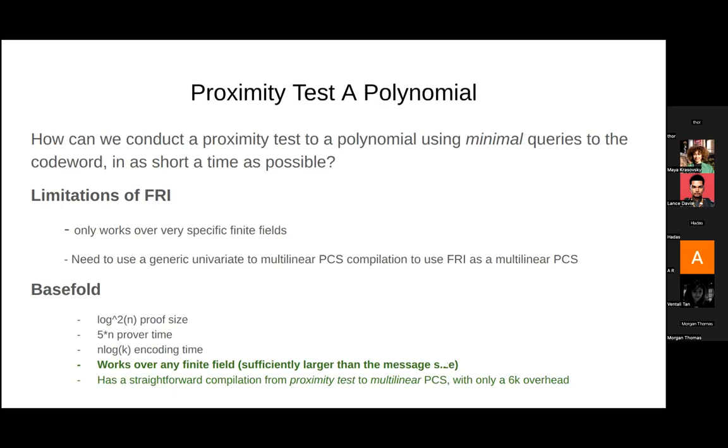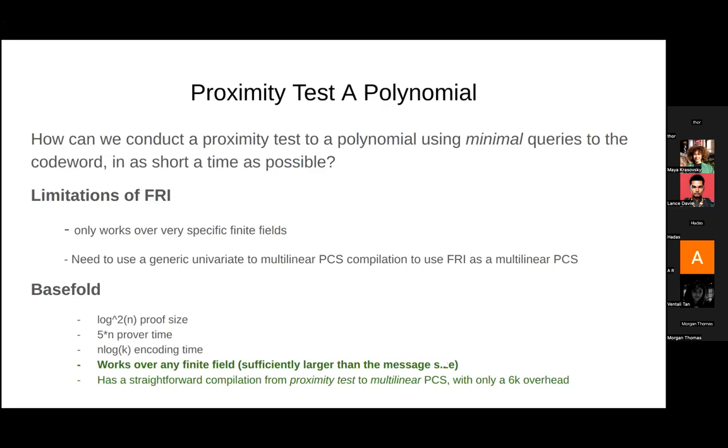I'd also like to ask if you would unpack precisely what you mean by 6K overhead. Yeah, so that's from the sum check protocol, and K is the message size here. So what I mean is that you have the Basefold IOPP, which is just 5n field multiplications, and then the n log k encoding time. You do that, and then you have the guarantee that the oracle is close to evaluations of a multilinear polynomial.